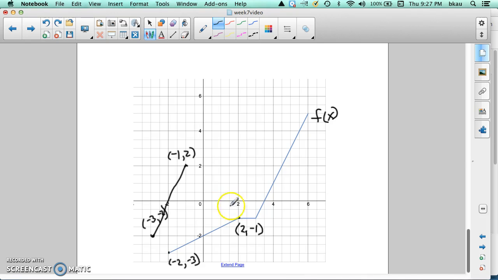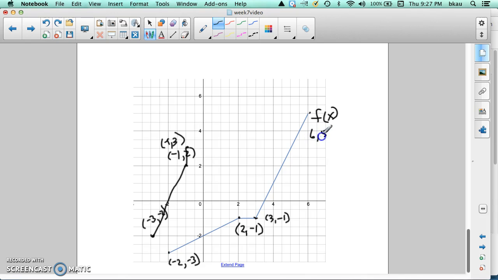Okay. Now this point right here on this little segment is 3, -1. So that means the inverse is going to be up at -1, 3. So that'll be right here. That'll be -1, 3. So it's going to go straight up through there. And then this endpoint here is 6, 5.